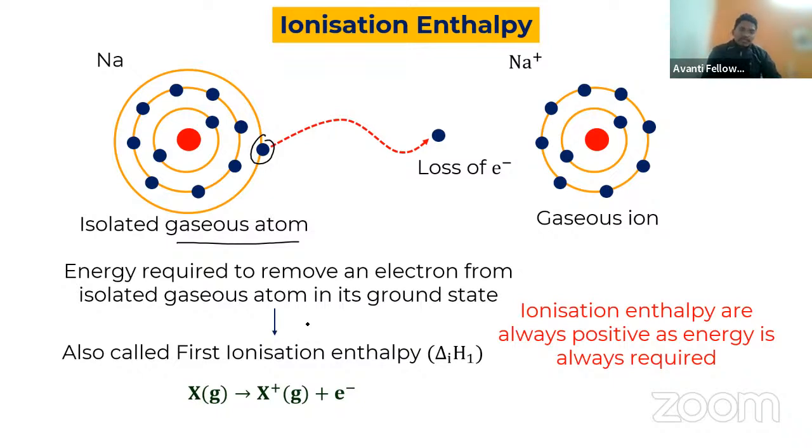Now, what is the meaning of ionization enthalpy? It means you are removing an electron. So how are you removing the electron? You are supplying energy, and upon supplying the energy, the electron has been removed. So ionization enthalpy is always endothermic in nature.